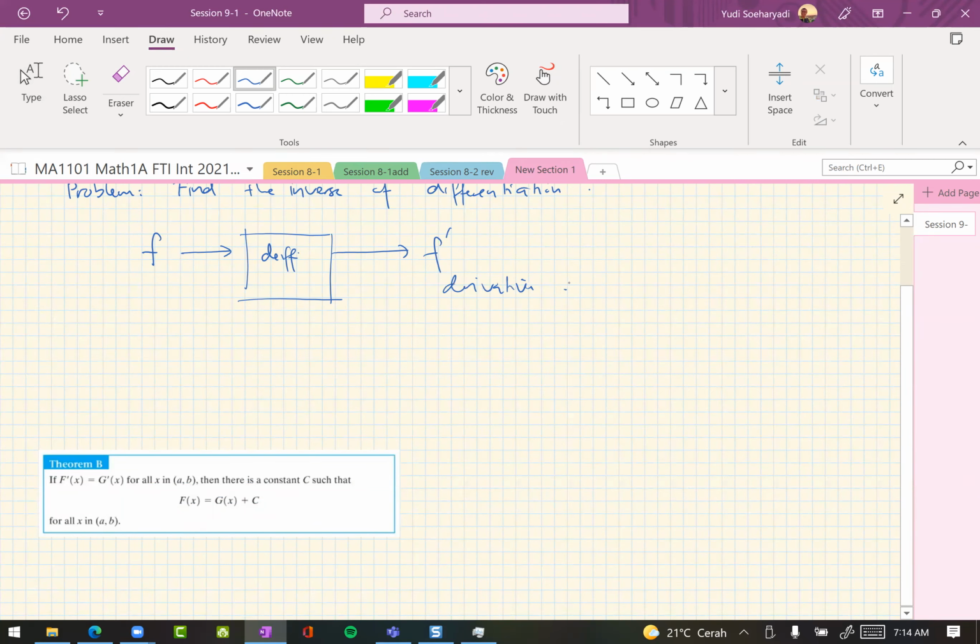So the question is, is it possible for you to feed the function here and come up with a function whose derivative is that function? To reverse the process.